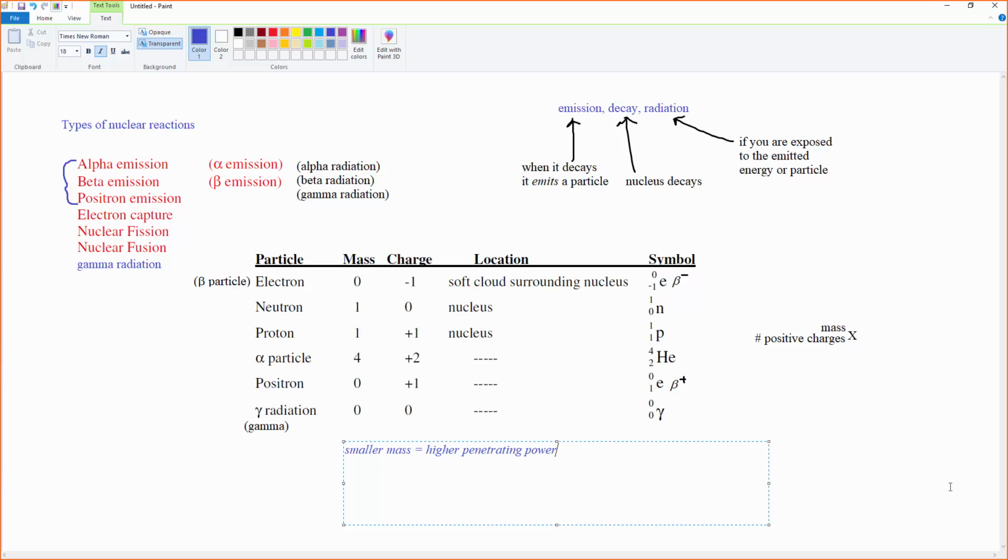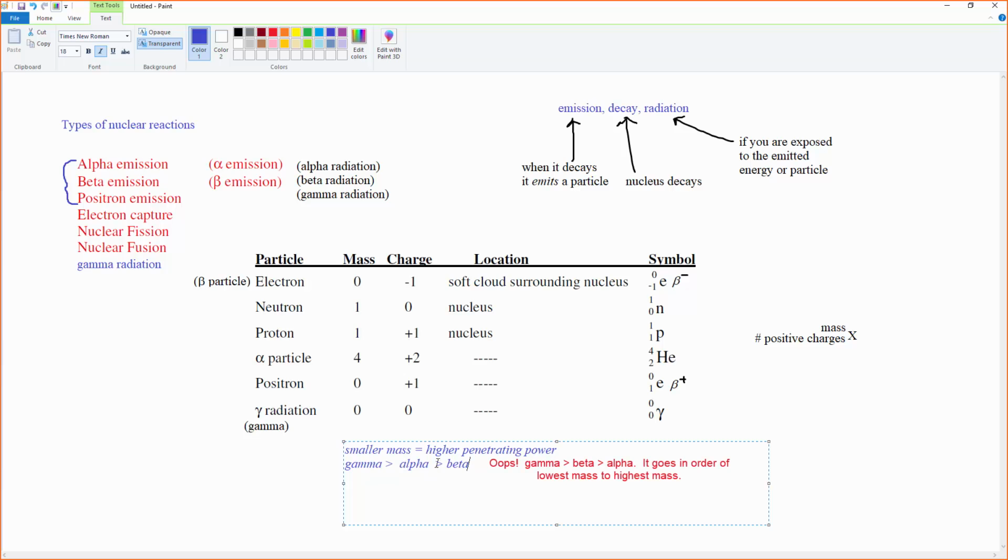Does that make sense? Okay. Now, so gamma is more penetrative than alpha is more penetrative than beta.